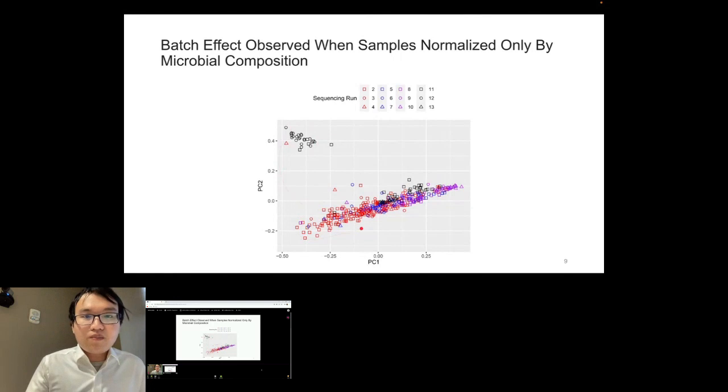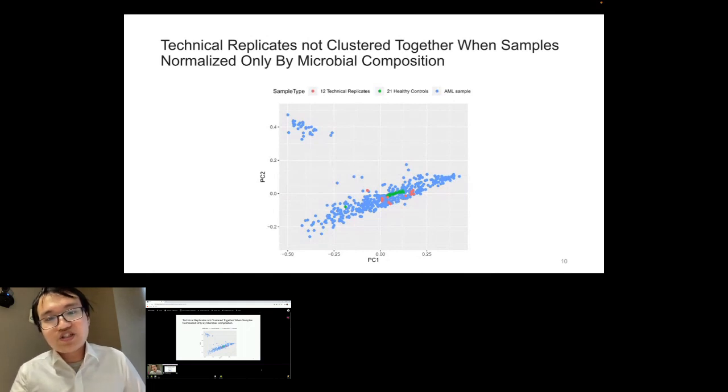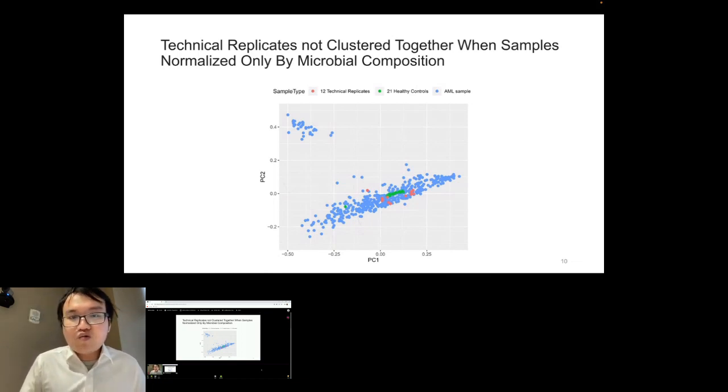An additional problem when we normalize the data only by microbial composition is that our 12 technical replicates don't seem to cluster together. We reasoned that because these 12 technical replicates belong to one person, they should be grouped closely together, and thus our data warrants a further data processing step.